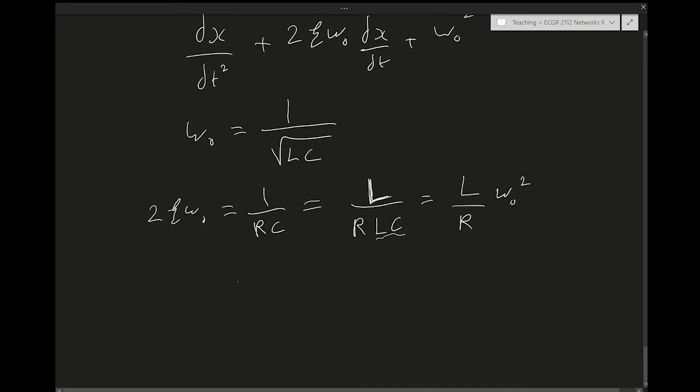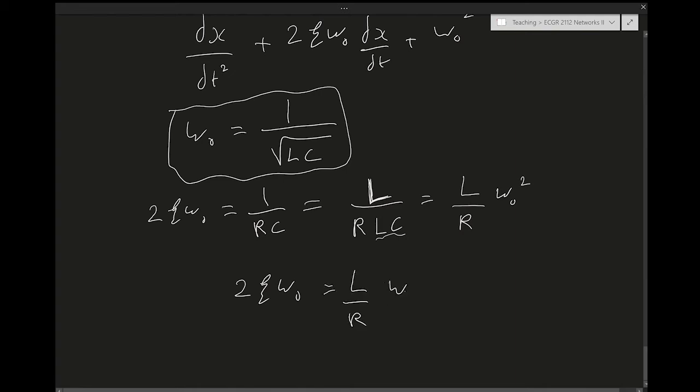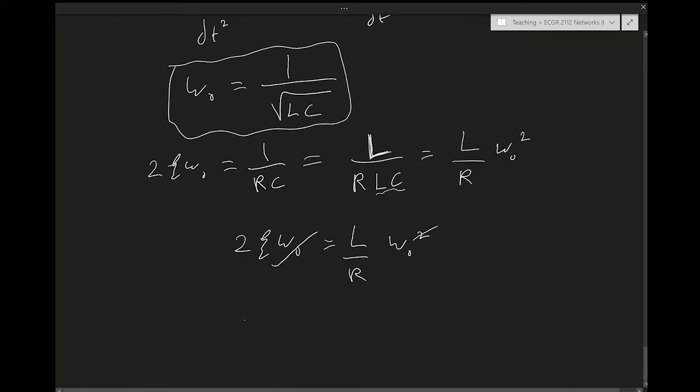So I end up with 2 zeta omega naught equals L over R omega naught squared. Omega naught cancels with one omega naught here, so I end up with 2 zeta equals L over R omega naught.